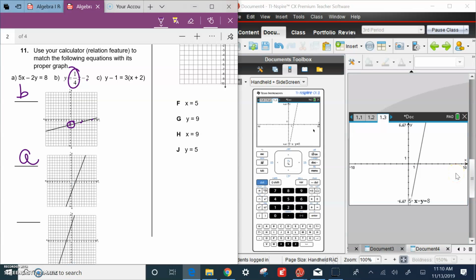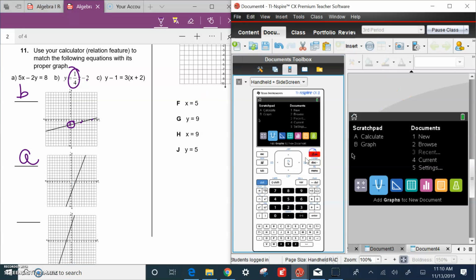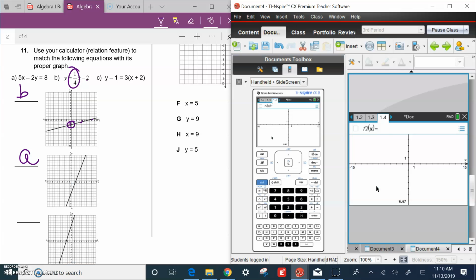But in case I couldn't tell, let's graph the answer choice C. So I'm going to open a graph again. I'm going to delete the equal sign, select relation, and let's plug in y minus 1 equals 3 parentheses x plus 2. And you can see it's crossing over here.